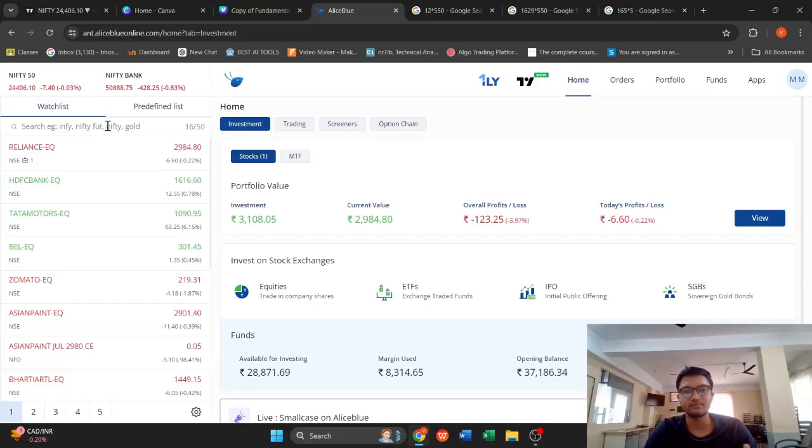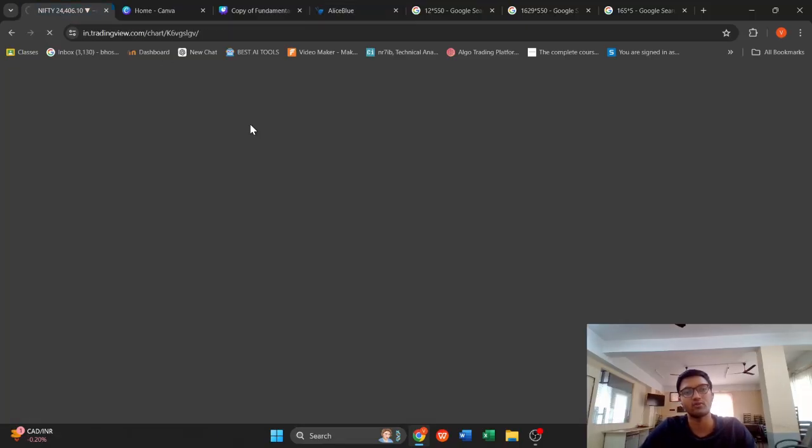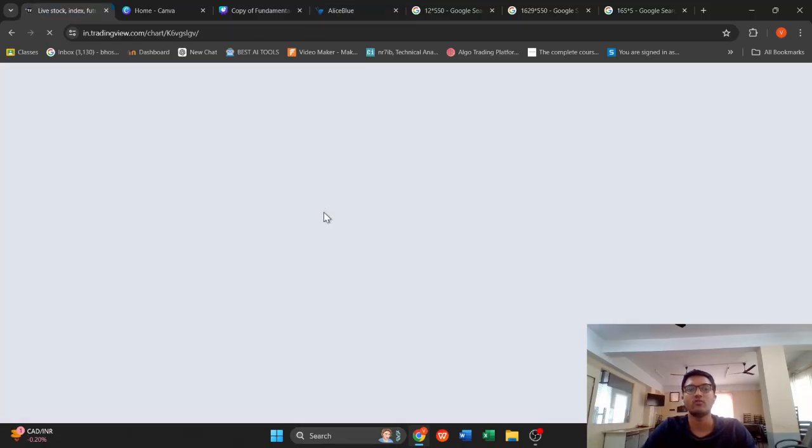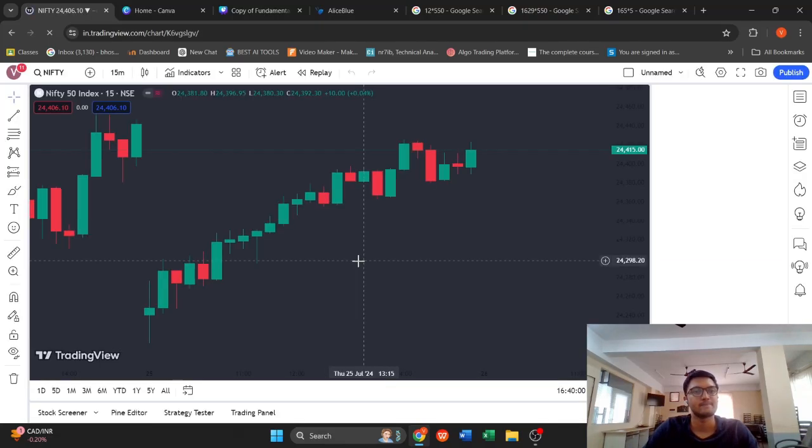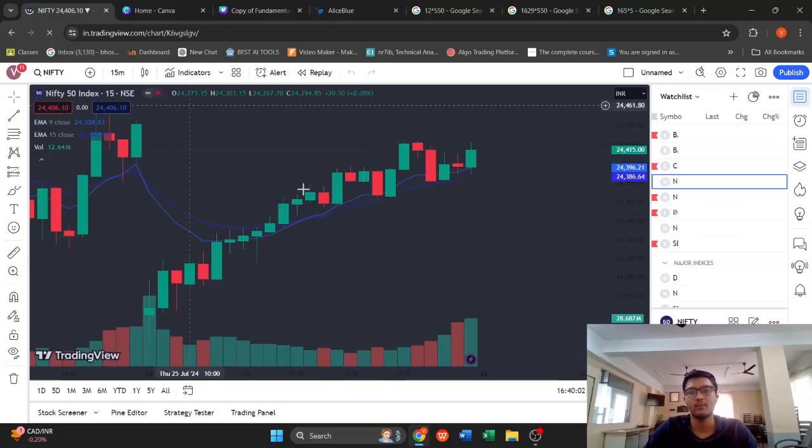including Nifty. So there's spot. Whatever you can see here is Nifty spot 24,406. And for futures, the Nifty 50 price, let's see if it is in premium or it is into discount. So this is TradingView.